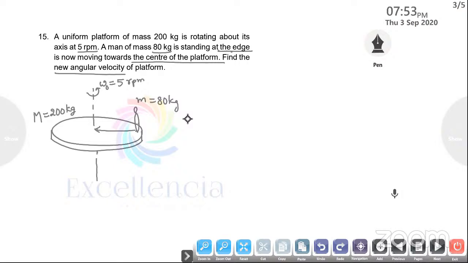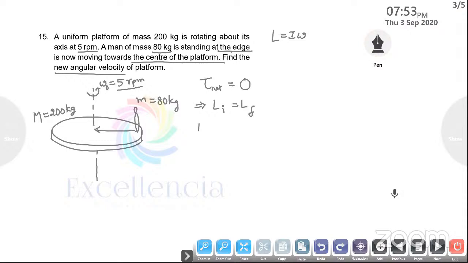So as the man walks towards the center, the net torque acting on the system of man plus platform is 0. Therefore, you can write initial angular momentum of the system is equal to final angular momentum. For a rotating body, you know very well, angular momentum is equal to I omega. So here initially, the circular platform plus the man on the circular platform, both are rotating with this angular velocity of 5 rpm.